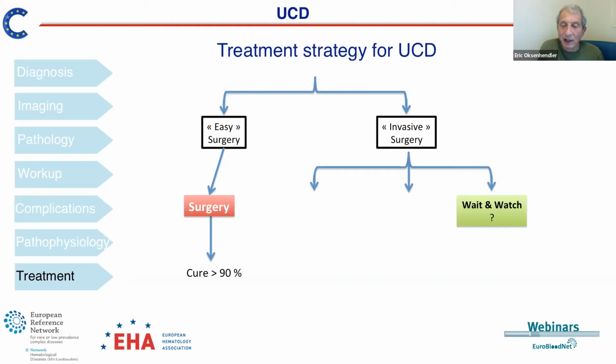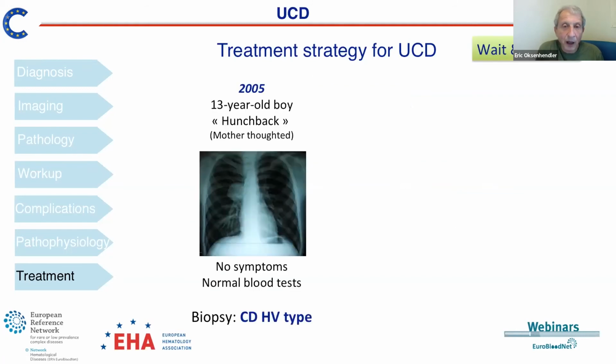So in such cases, one option could be wait and watch. So what is the evidence to support this option? Here is the case of a 13-year-old boy seen in 2005 because his mother thought he was hunchback.